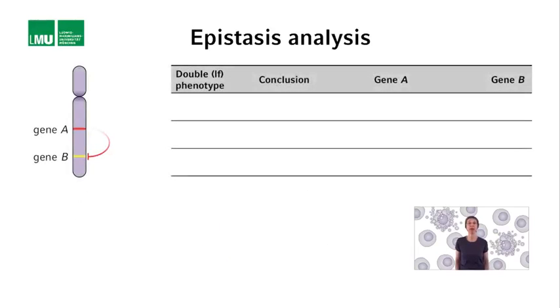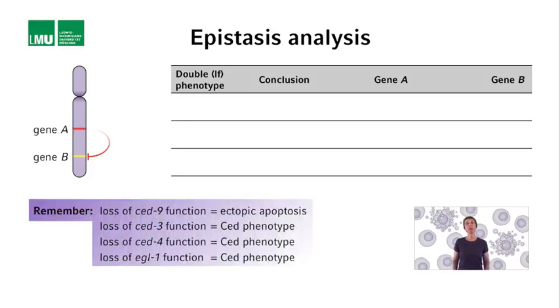Double mutants were made between the genes that cause opposite phenotypes when inactivated. Double mutants were made basically carrying a Z9 loss of function mutation and either a loss of function mutation of Z3, Z4, or AGO1. In the double mutants, cell death was then analyzed. Remember, the loss of Z9 function results in ectopic apoptosis and therefore embryonic lethality.